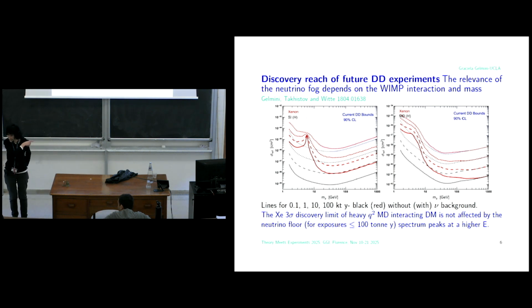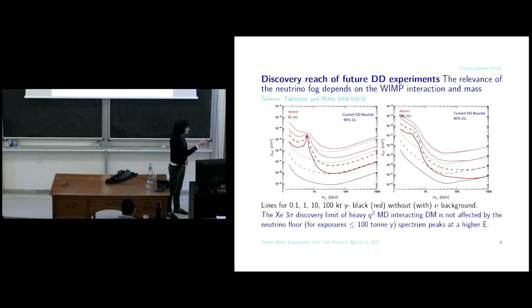Even now that I read it, I didn't see it. Thank you for telling me. I will correct that, because otherwise 100 kiloton years would be really amazing. But no, this was 0.1. So you see, 0.1 is already superseded by some limits. I mean, this is small. 0.1, 1, 10, and 100 ton years.